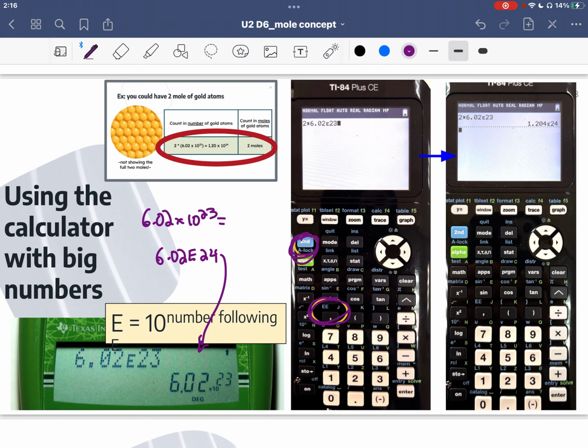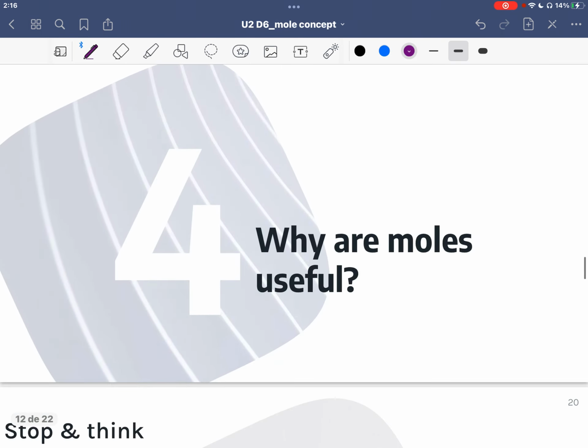So I'm going to press second first, then the comma button to force it to show E. And then when it gives me an answer using E, that just means times 10 to the power of whatever's after the E. So 10 to the power of 24. A giant number is a little hard to manage, but that second E trick makes it a little easier.